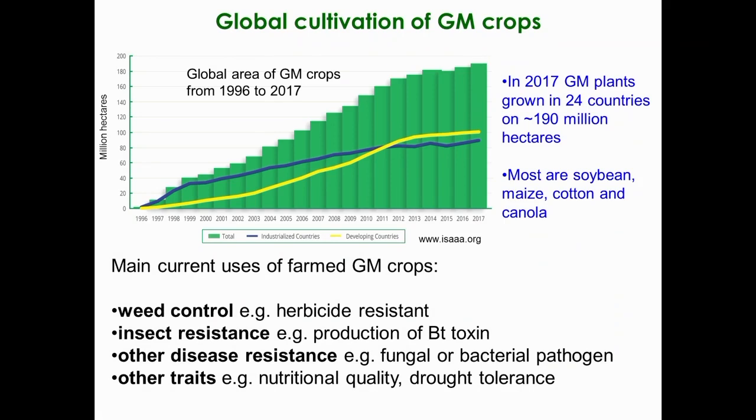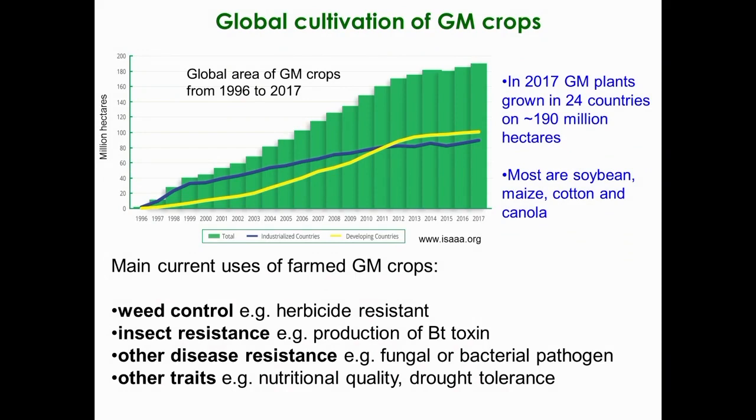Most of these crops are for controlling weeds or for controlling insect pests. For weed control, these plants have been engineered to express a gene to allow them to tolerate a herbicide such as glyphosate. So when a farmer sprays his field with glyphosate, his crop will survive, but the surrounding weeds and any other plant growing in that location will be killed off. The insect-resistant crops have been engineered to contain an insect toxin, typically these Bt toxins, which are derived from a specific class of bacterium and are very toxic to different classes of insects.